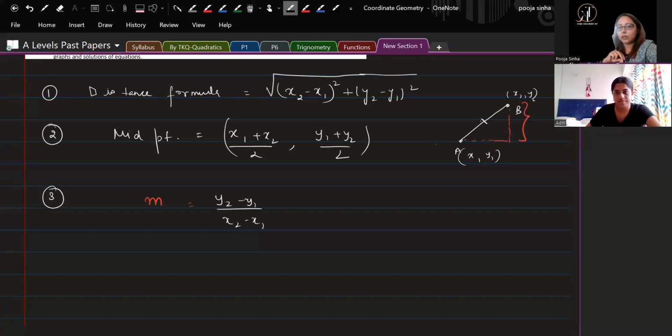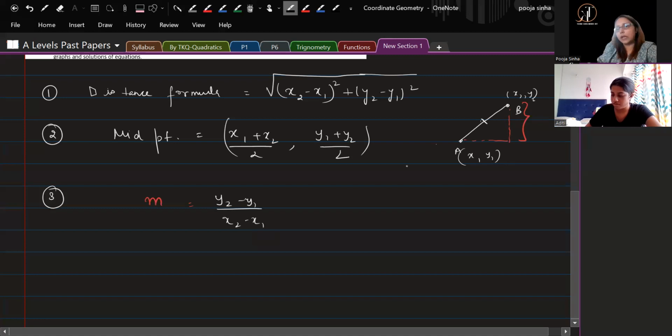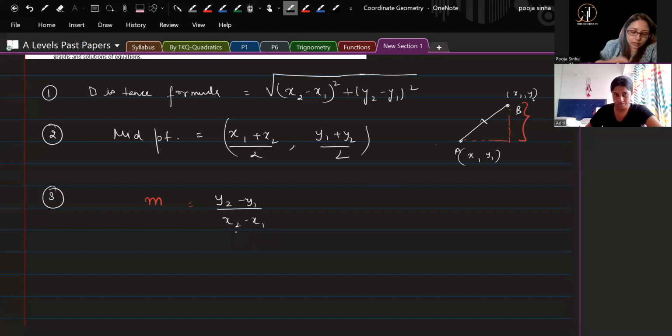Yes, I can do that. I will still get the same answer. It doesn't matter, but if I take y2 on top, then x2 should come first below. If I take y1 first on top, then x1 should come first below. That's the only difference. Okay? Right? Okay, now let's come to it.